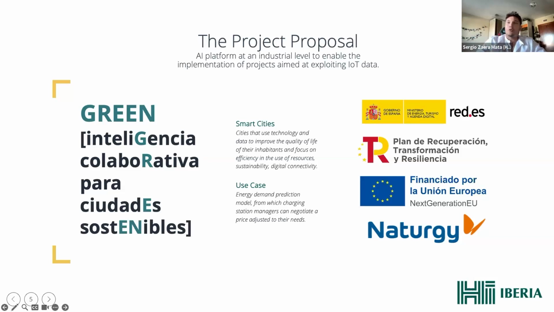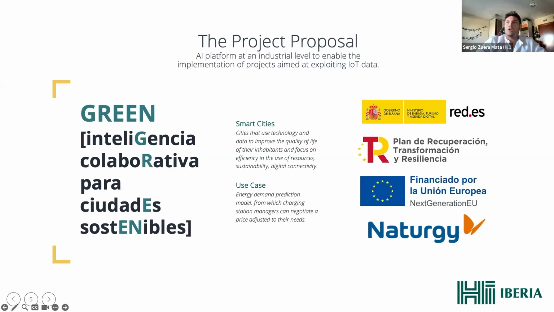In this project, we are collaborating with Naturgy. Many of you may have heard about this. Naturgy is a multinational company from the energy sector with headquarters in Spain, dedicated to the generation, distribution and commercialization of energy and also natural gas.